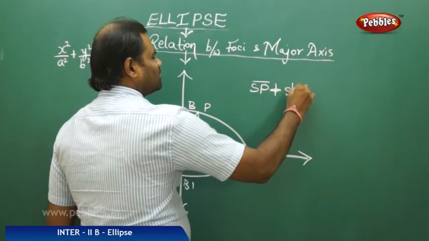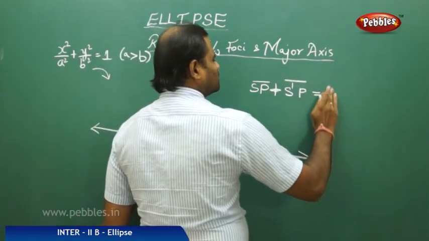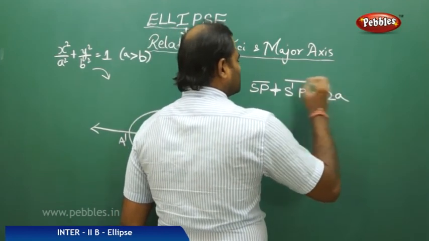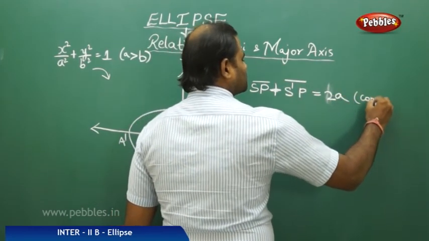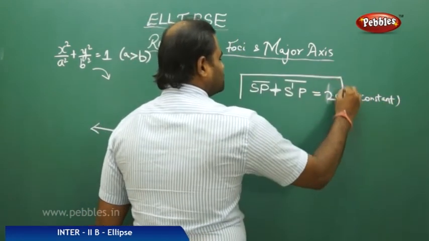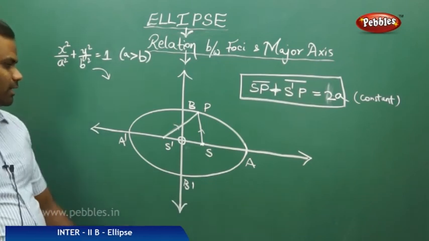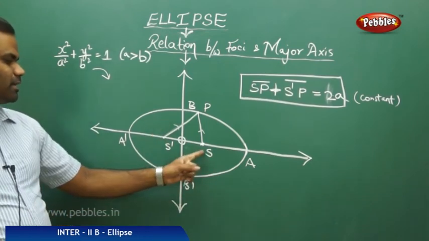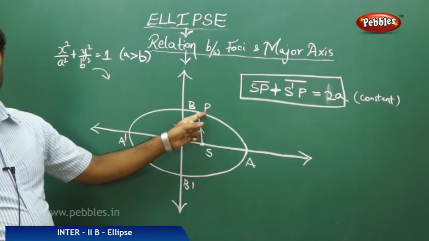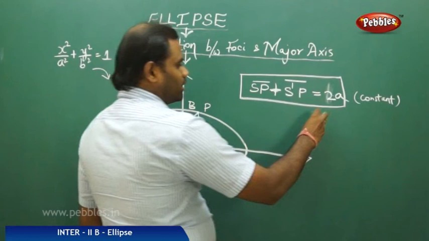So I get the relation SP plus S dash P is always equal to 2a, that is a constant. Now this is a relation which we need to identify in case of the foci and the point, that you take any point on the ellipse. If S is joined with P and S dash is joined with P, SP plus S dash P will be equal to AA dash.